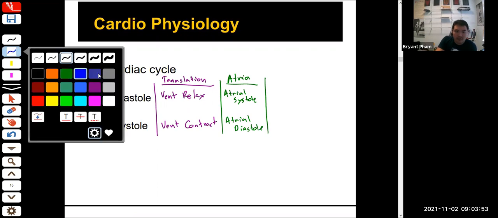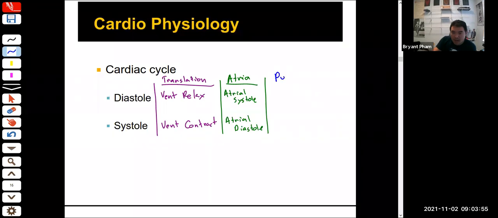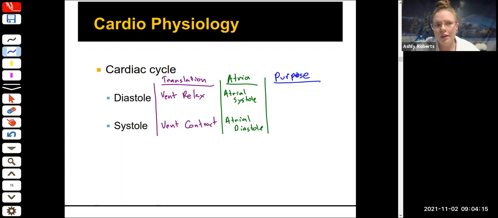Now the hard question is why? What is the purpose of diastole? What is the purpose of atrial systole? Diastole is to bring blood into the heart, into the ventricles. Nice.